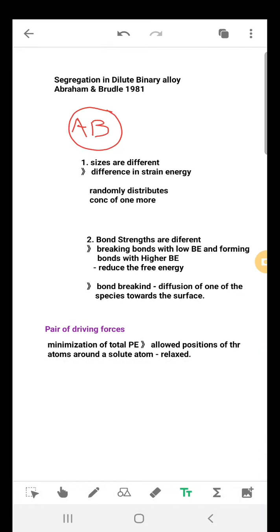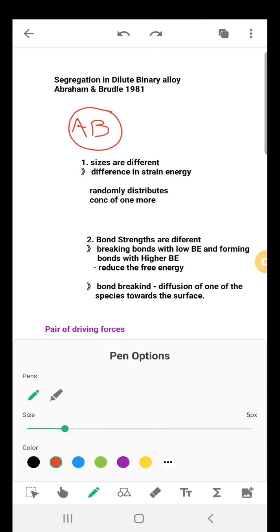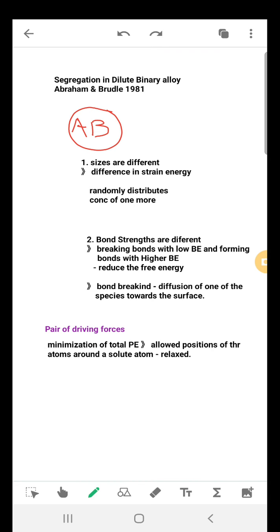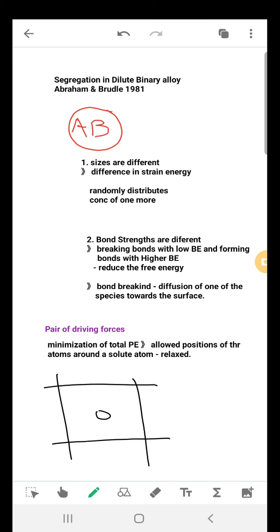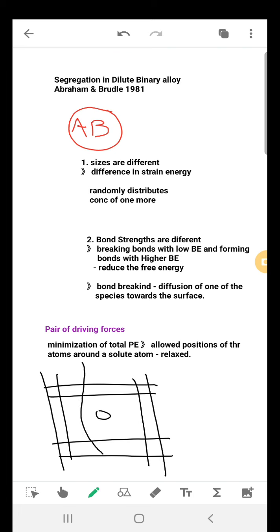So if we consider that there is a solute atom, which is surrounded by solvent atoms, then the solute atom gets relaxed, and the surrounding solvent atoms are relaxed around the solute atom.